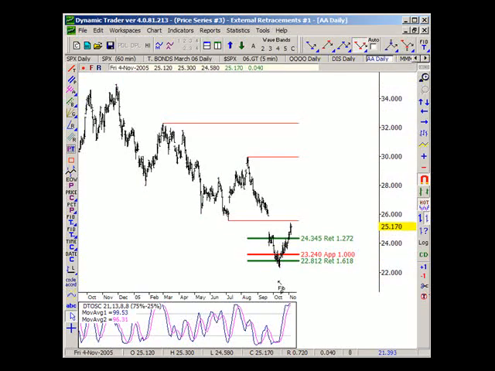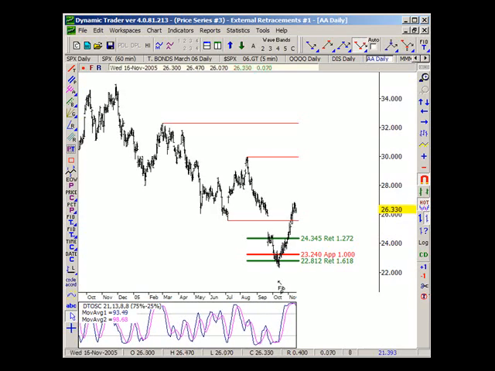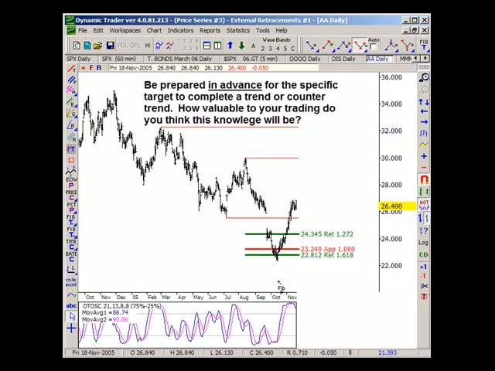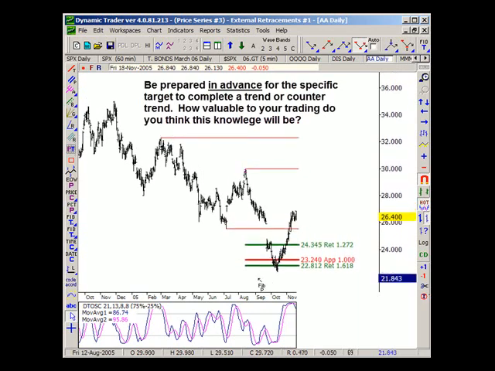And as we know from the prior example, when we only looked at the external retracement, that was the low of that bear trend. Okay, I'm not going to add more bars, but the market went up considerably from there. But we were prepared in advance that the final low would be right around the 162% external retracement.